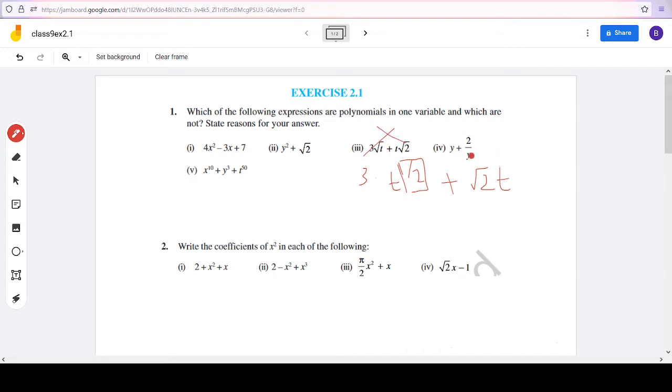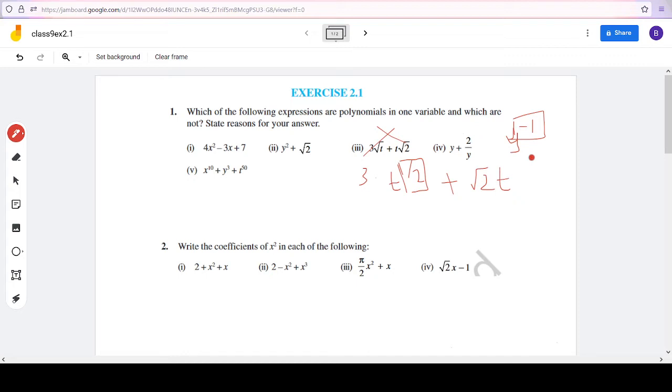Similarly, the fourth expression is also not a polynomial, because y is in the denominator. Even though it is a single variable, it is not a polynomial, because the power of y, when you take it up, becomes y power minus 1. You should have a positive integer as a power, or 0.